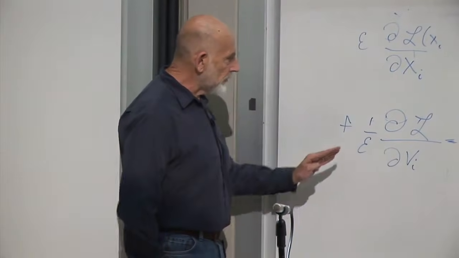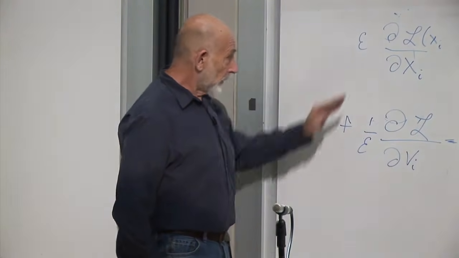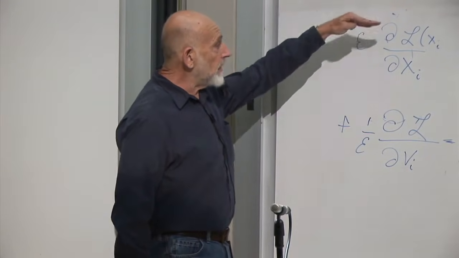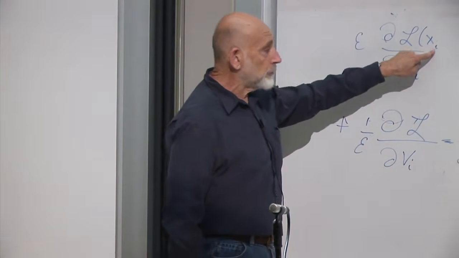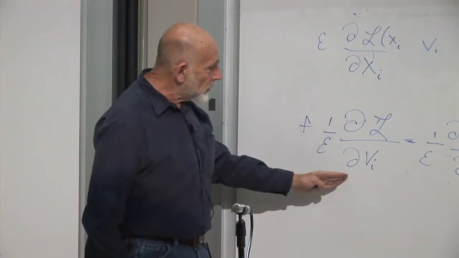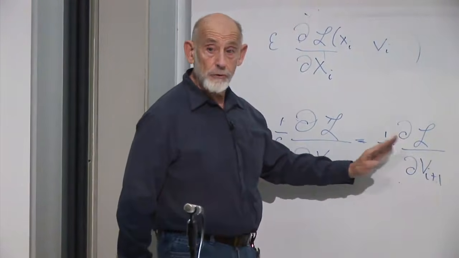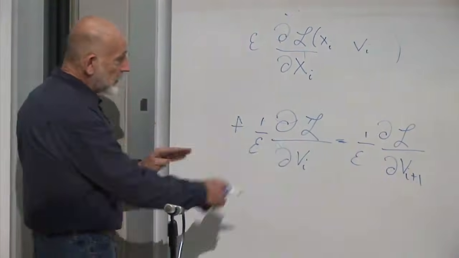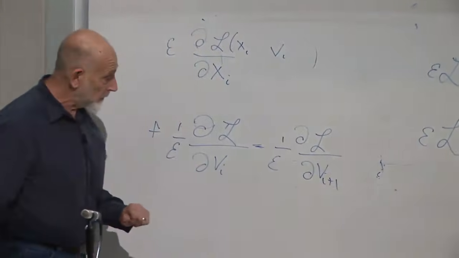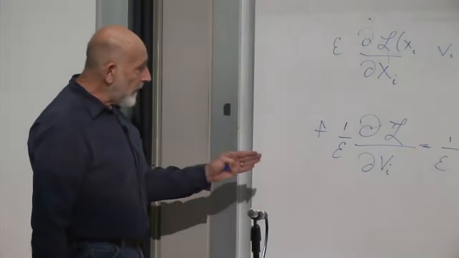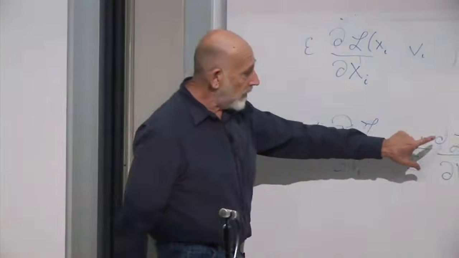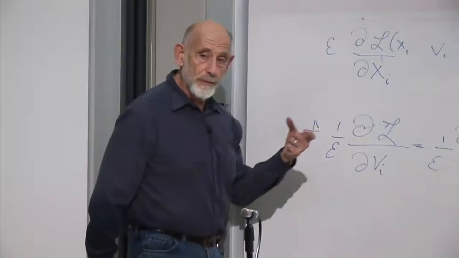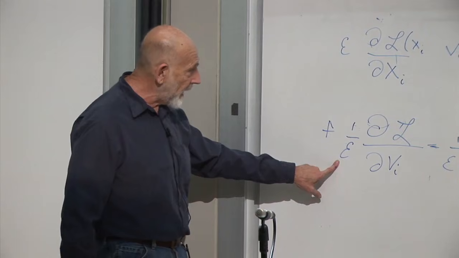So there are two terms, well, three terms, excuse me. One of them is just the derivative of the Lagrangian with respect to position, and the other two have to do with the derivative of Lagrangian with respect to velocity. But notice that they're shifted with respect to each other a little bit. In fact, this is the difference of two functions at neighboring points divided by epsilon.